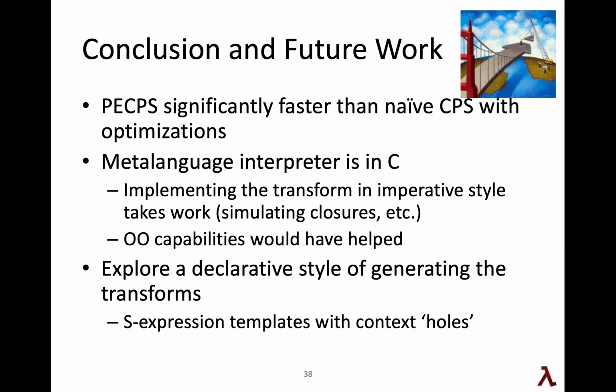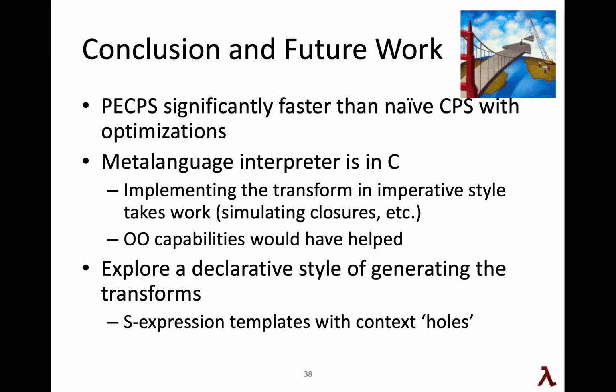I'd like to conclude with a few remarks. The partial evaluation based CPS transformation is significantly faster than the naive CPS with the optimizations. I actually don't have hard numbers, but since the earlier version of pLisp used to run with a naive CPS with optimizations, in comparison, the PE CPS version was dramatically faster.